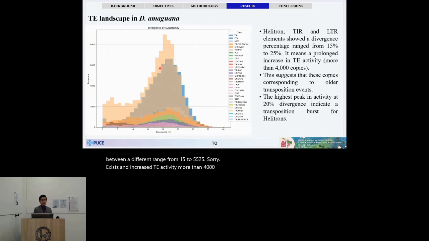And this corresponds to TE orders like Helitron, TIRs, and LTR, suggesting that all these copies may correspond to transposition events in this species. The highest peak in the activity we can see here is around 20%, and this divergence indicates that maybe at this point there existed a transposition burst for Helitrons.